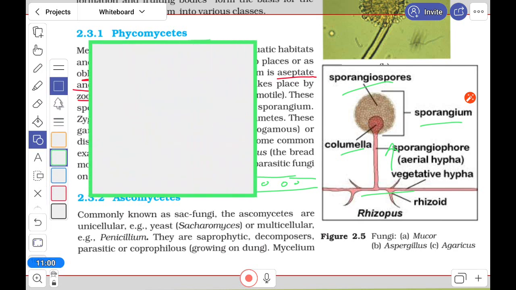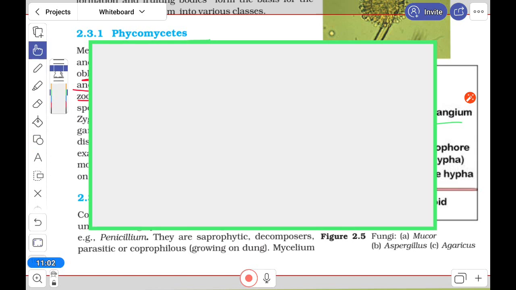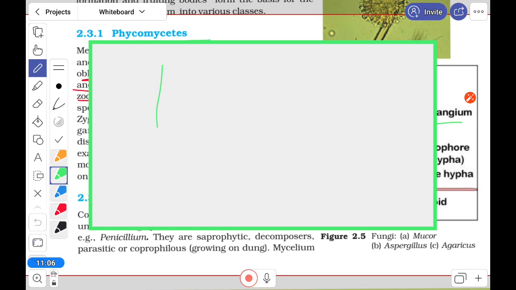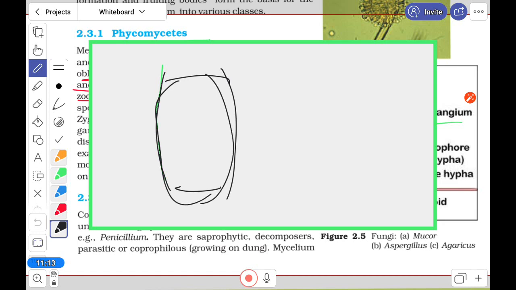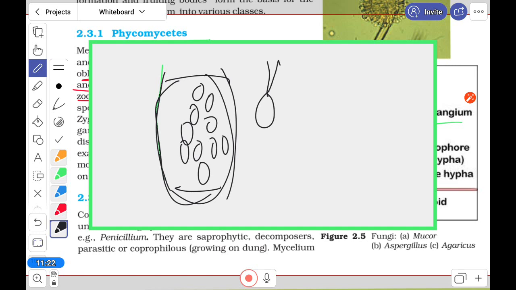If we take the board here, the sporangium, or any one cell of it, forms the sporangium, and inside it the spores are produced. The zoospore looks like this. It can move, hence the name zoospore.